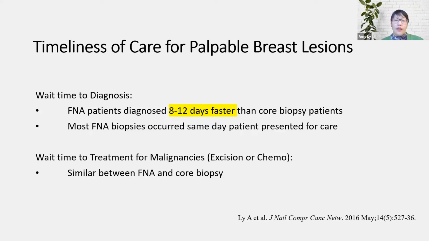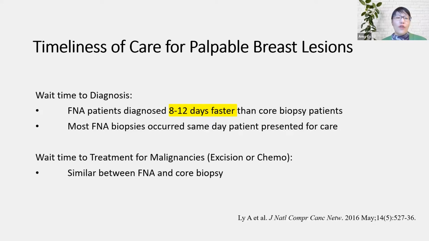And in addition to alleviating anxiety sooner with FNA ROSE, we are also able to provide patients diagnoses sooner than core biopsies. So this is one study that examined the timeliness of care for palpable breast lesions, and it found that the wait time to diagnosis was 8 to 12 days faster than patients referred to core biopsy.